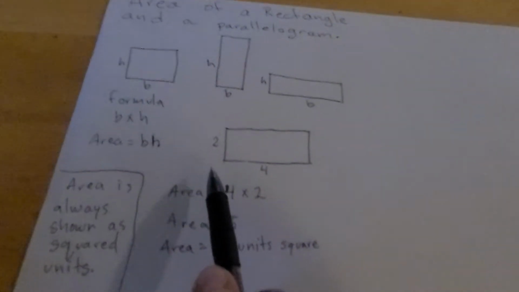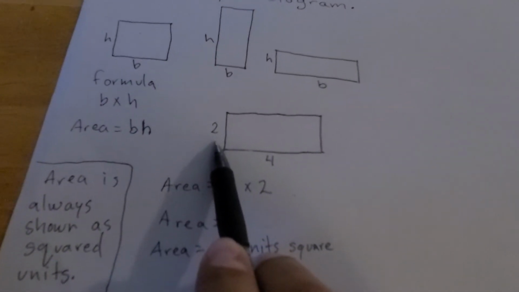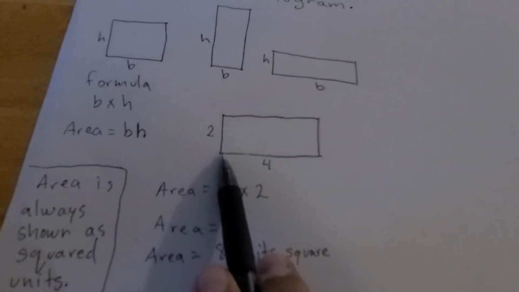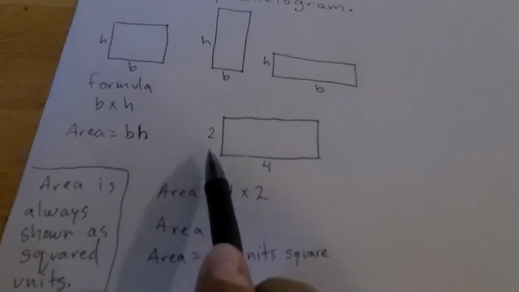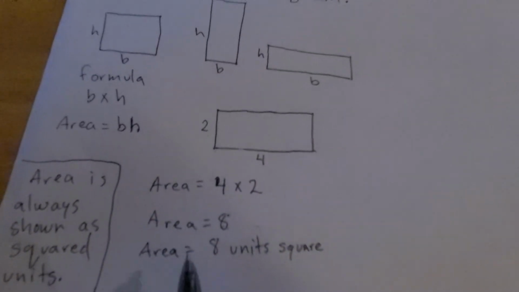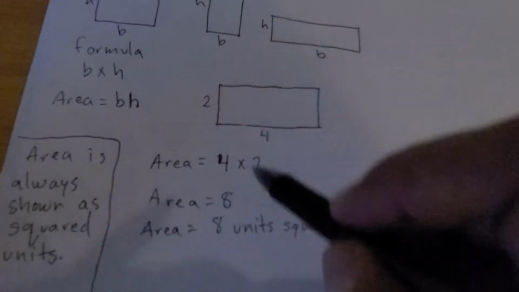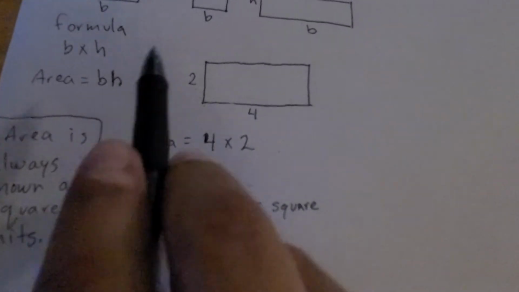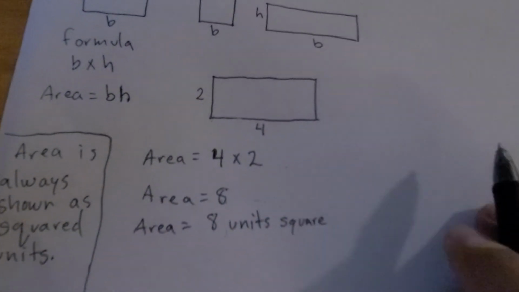So this could have been inches, meters, feet, miles, nanometers, millimeters, centimeters, yards, whatever it is, you're gonna square that. So that's why we call it unit squared. So whatever our unit is will replace the unit value. In this case, we didn't have anything specific, so it is 8 units square.